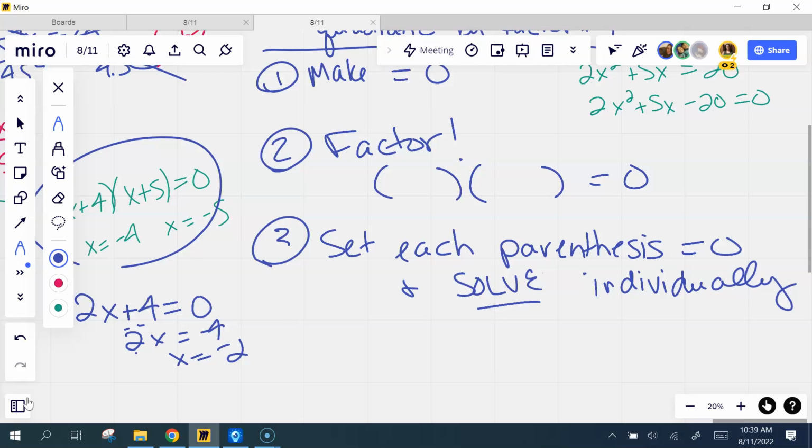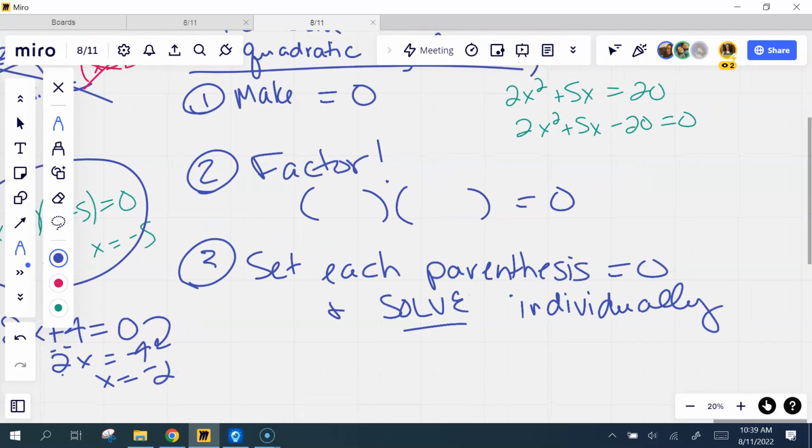They should be able to tell how you got from here to here, because I give you part credit for your work. So if your answer's wrong, you lose full credit. Plus, I can see what you did. All right, let's do some examples.